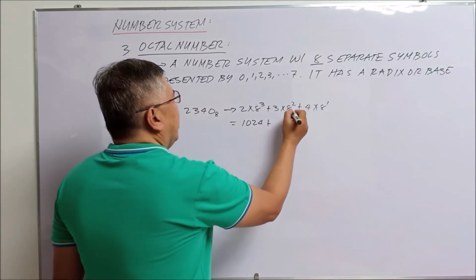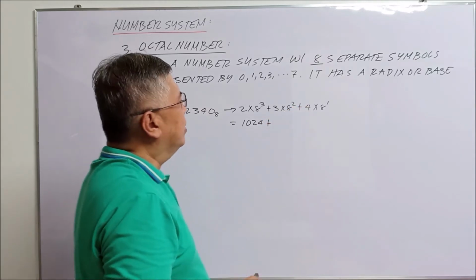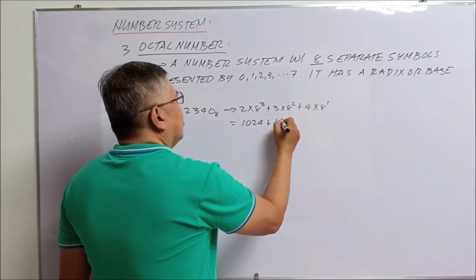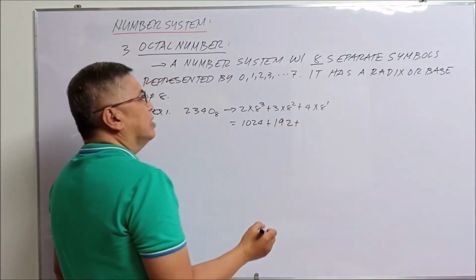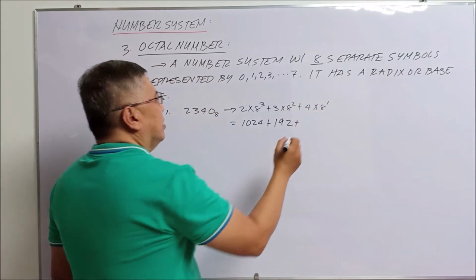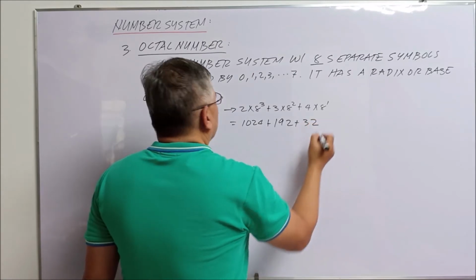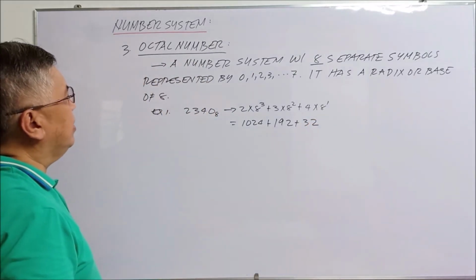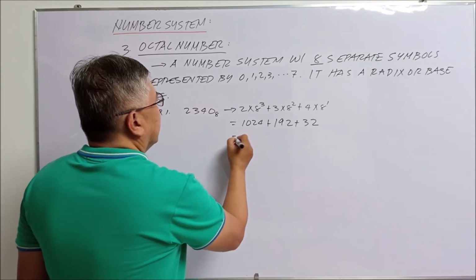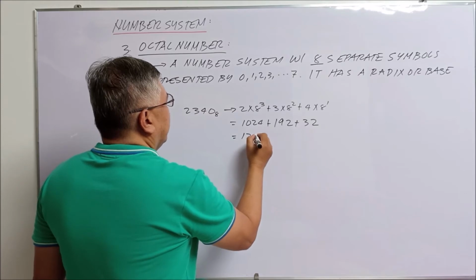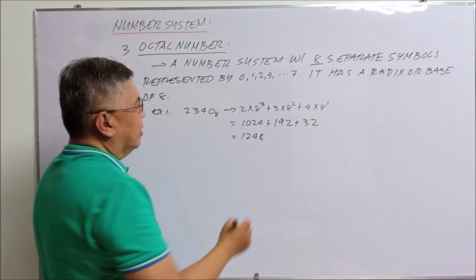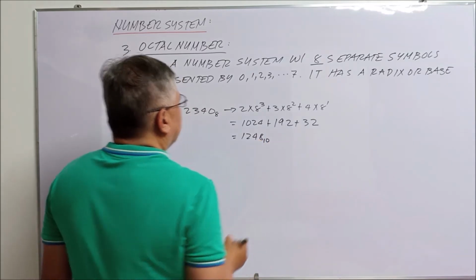Plus 8 squared is 64, times 3 is 192. Plus 8 times 4 is 32. If you add these, I think this is 1,248 of base 10.